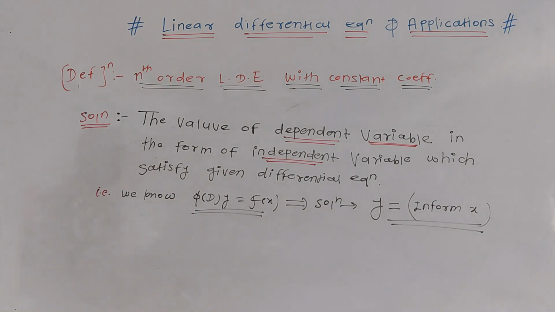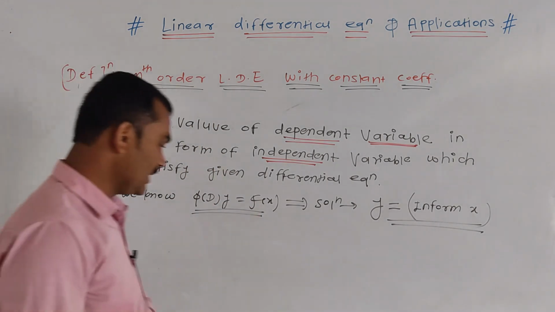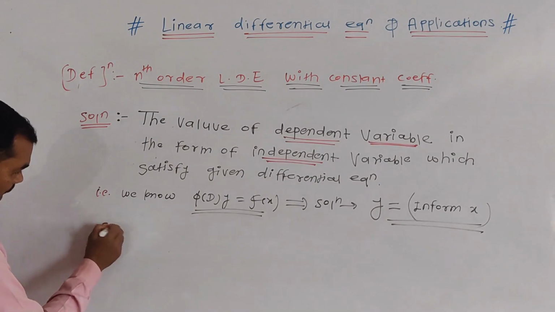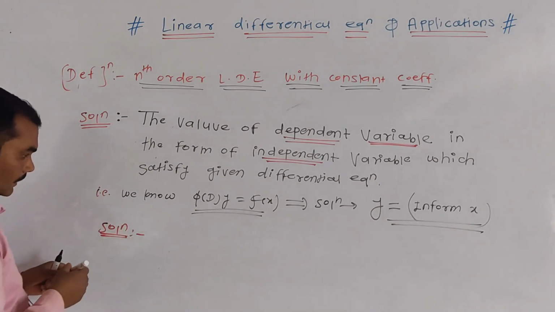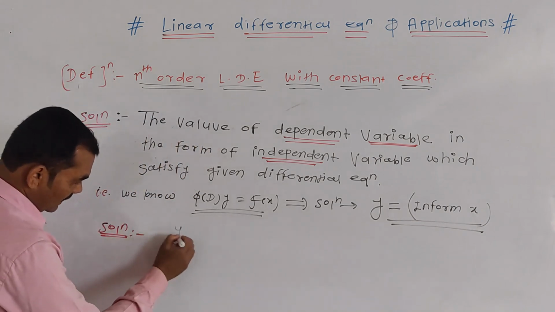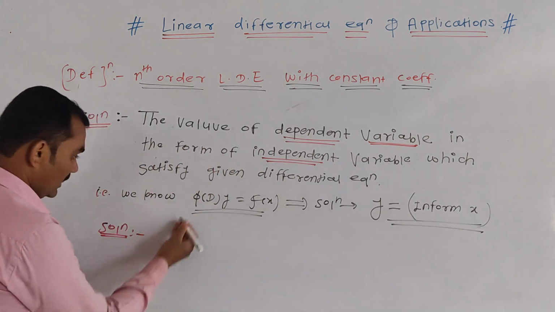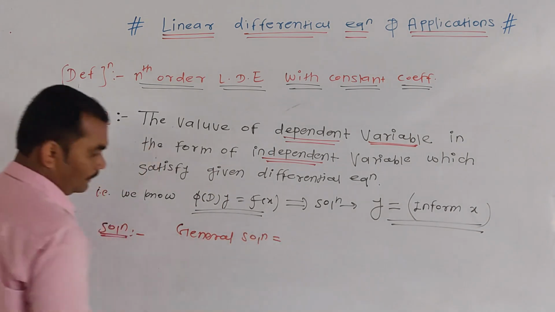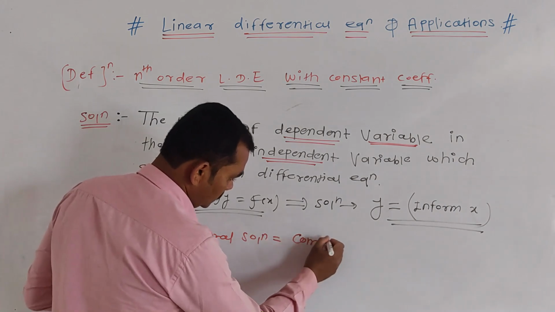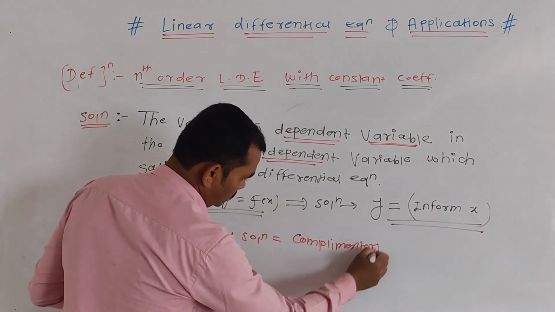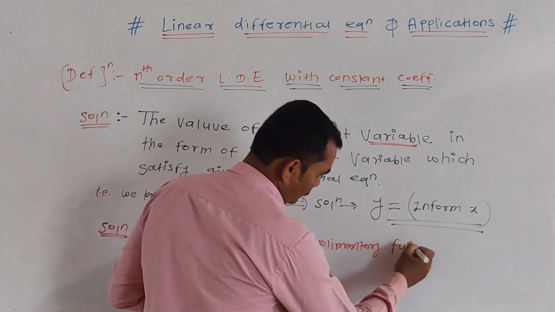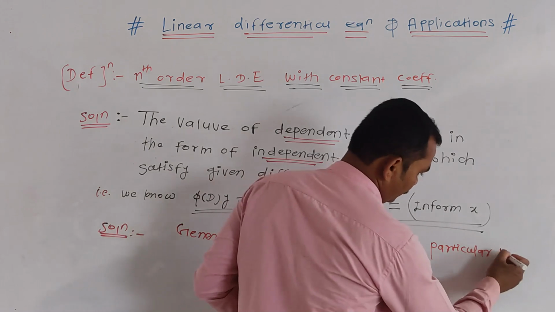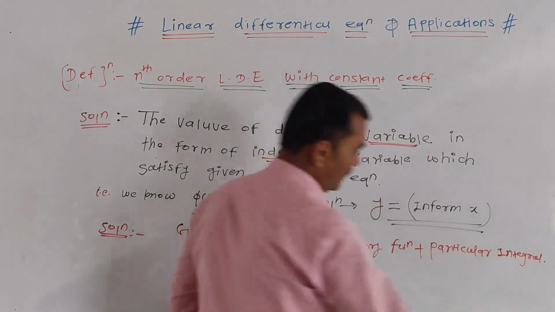Okay, so देखो there are two types of solutions. First is solution is y is equal to, this is your general solution, I will write here the solution or general solution is equal to complementary function plus particular integral.